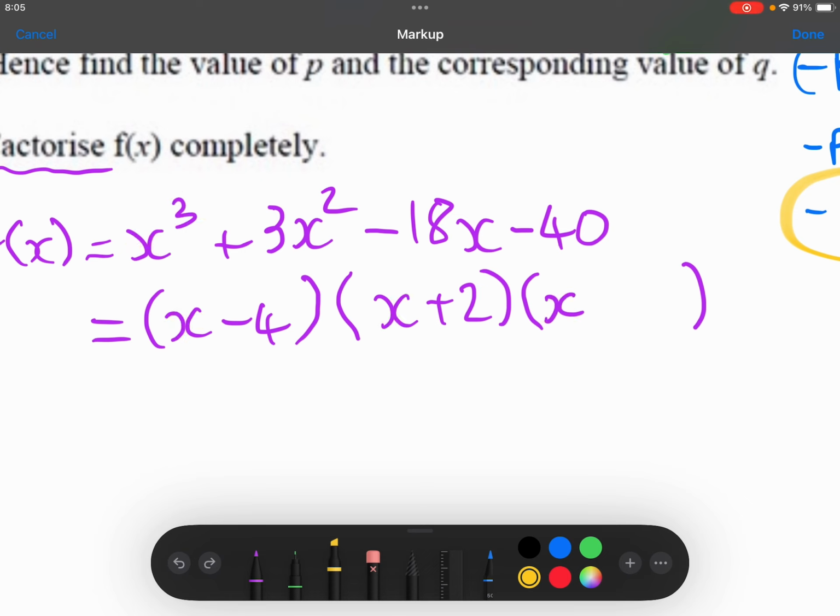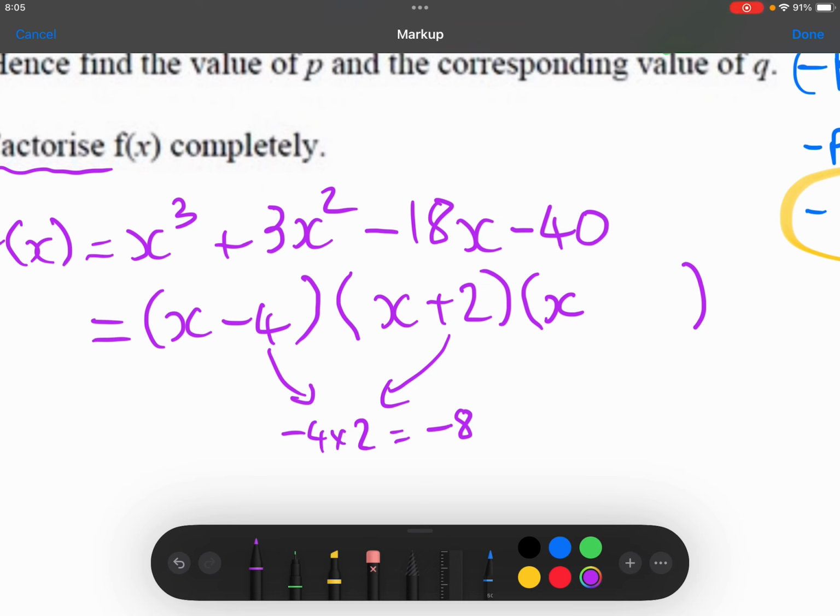Now I'm looking at the constant numbers. We've got a minus 4 times 2 times something, which is going to give us the minus 40. Well, the minus 4 and the plus 2 would multiply to make minus 8.